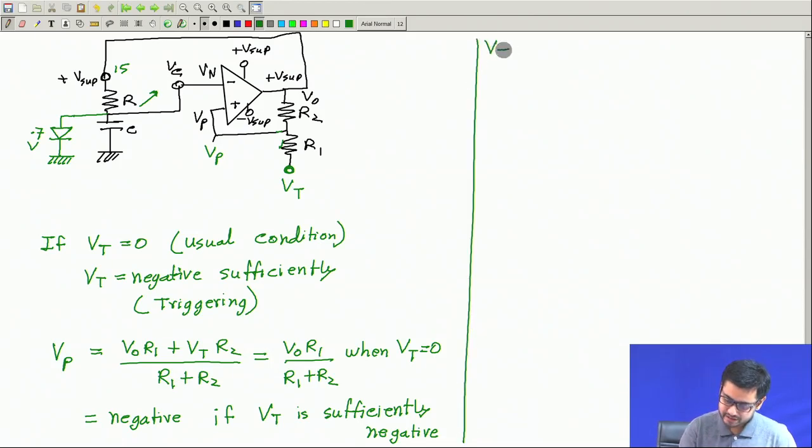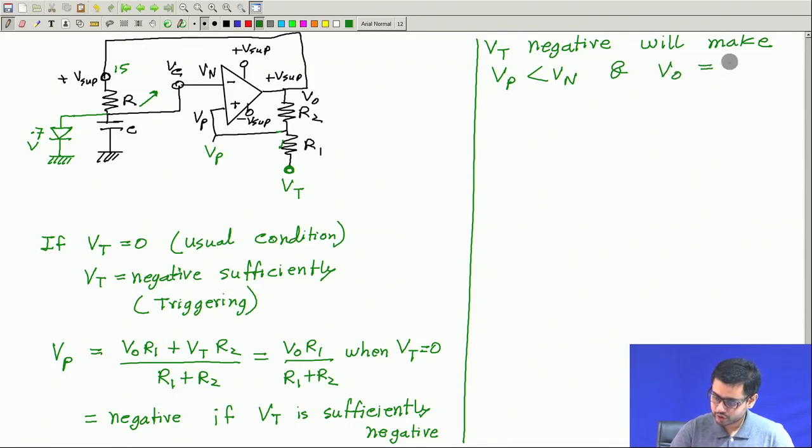So, V t negative will make V p less than V n, and therefore, V o equal to negative, output will be negative. So, this is called triggering. This way we can bring the output to negative value, and then it will not stay there for a long time, it will go back to positive value.